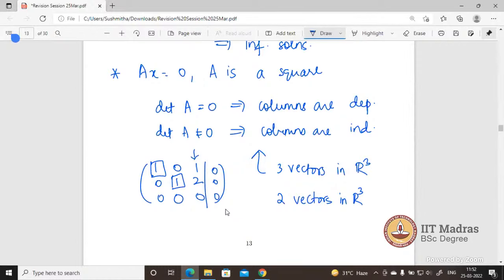If I write those three vectors in terms of rows, will there be any difference? No, there won't be a difference because the determinant of A and the determinant of A transpose are the same.